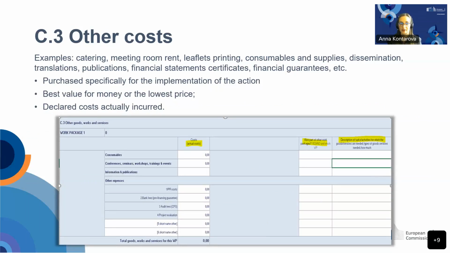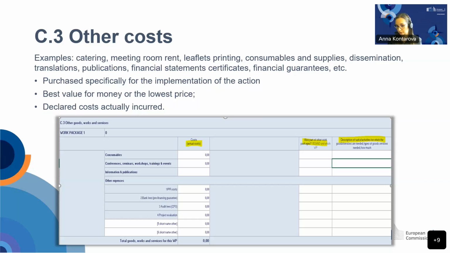The third category is other costs, and these are basically purchases of other goods, works, and services, which are calculated on actual cost. You will have to apply again the principle of value for money or lowest price, and they have to be purchased specifically for the implementation of the action. Here, for example, if you organize a consortium meeting, you will budget the cost in this category under conferences, seminars, workshops.